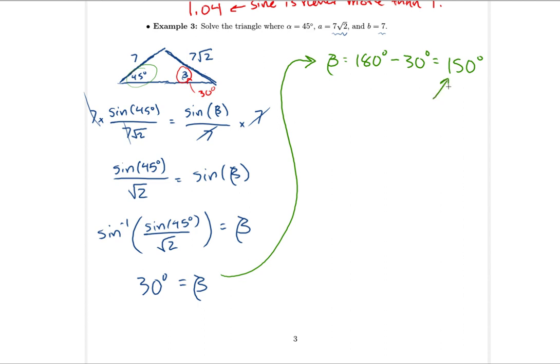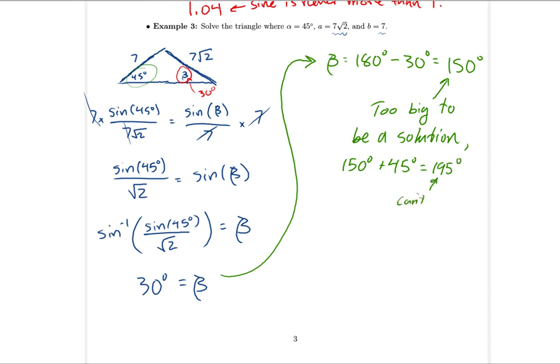So 150 degrees is too big to be a solution, because 150 degrees plus 45 degrees is 195 degrees, right? And we know that it can't be larger than 180 degrees.